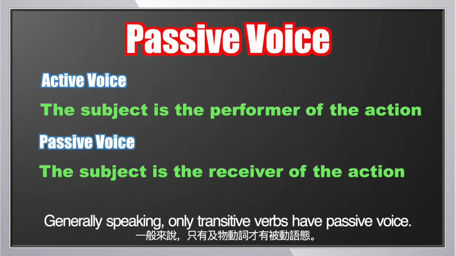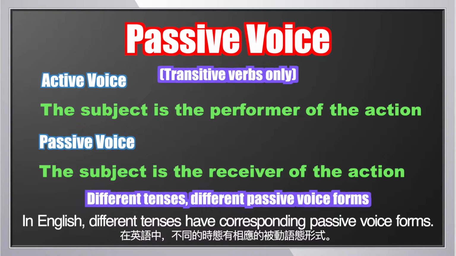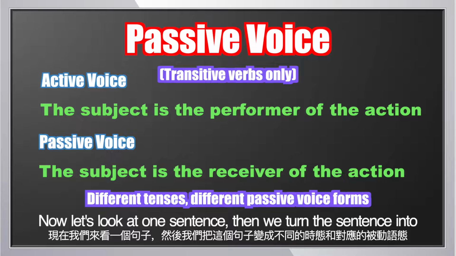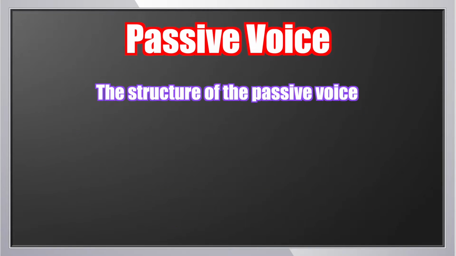Generally speaking, only transitive verbs have passive voice. In English, different tenses have corresponding passive voice forms. Now, let's look at one sentence, then we turn the sentence into different tenses and corresponding passive voice forms.